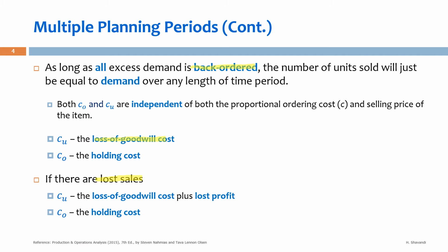So for this situation, we will consider a loss of goodwill cost for the underage cost, and the CO will be the holding cost. But if we have the lost sales situation, besides having the loss of goodwill cost, we will have the lost profit as well for the underage cost, but for the overage, it will be just the holding cost.